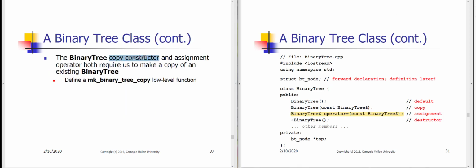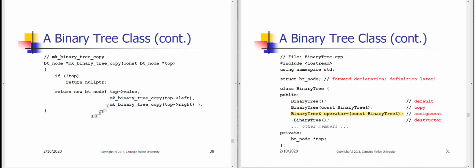Whether we're invoking the copy constructor or the assignment operator, each of these is going to require us to make a copy of some existing binary tree. And to handle the low-level details of that, down at our pointer to BT node level with these left and right children and so forth, we're going to define this function make binary tree copy.